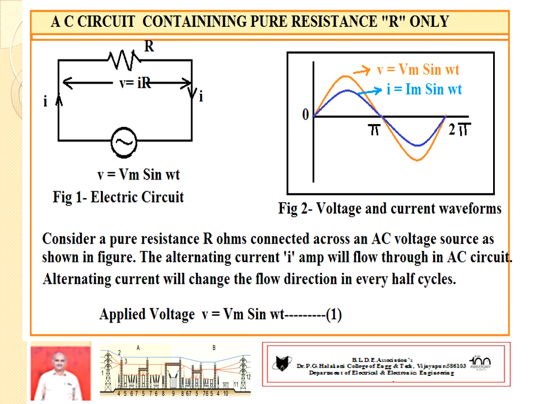This alternating current changes the direction of flow in every half cycle through the resistance. So, let us consider the applied voltage small v, that is the instantaneous value, equal to Vm sin omega t, that we can call equation number 1.